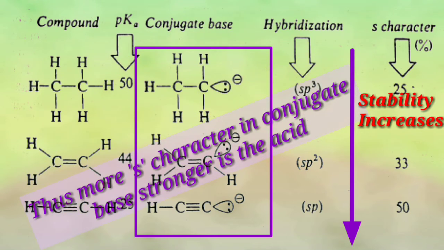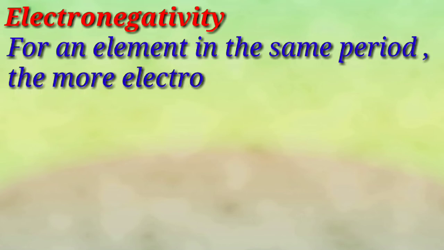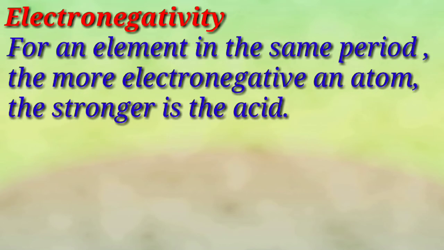So the conjugate base of ethane is the least stable as compared to that of the conjugate base of ethene, and the conjugate base of ethyne is the most stable. So we can say that the more s character in the hybrid orbitals make the atom more electronegative and more stable.